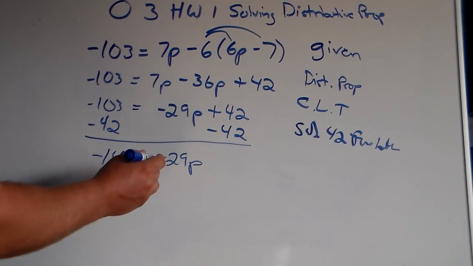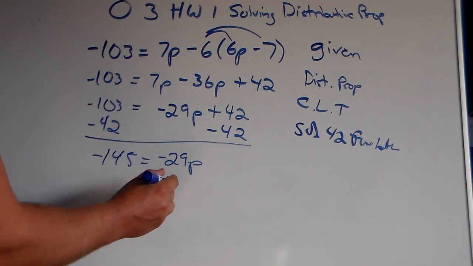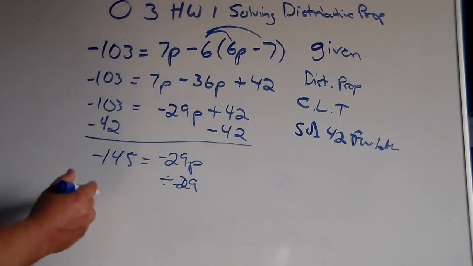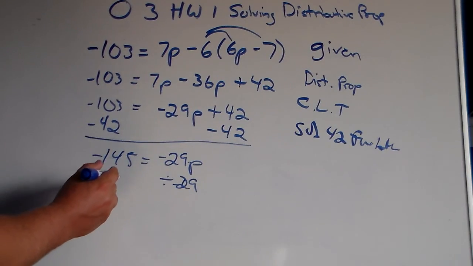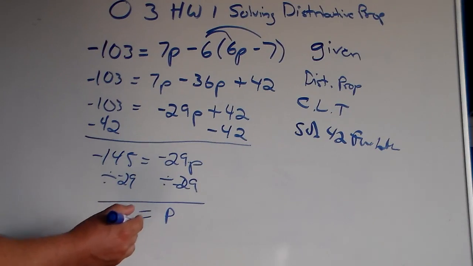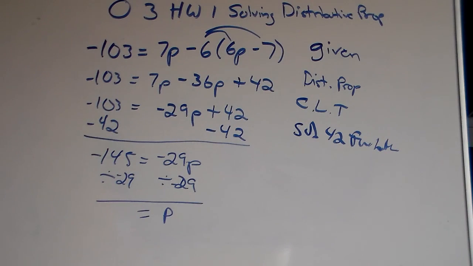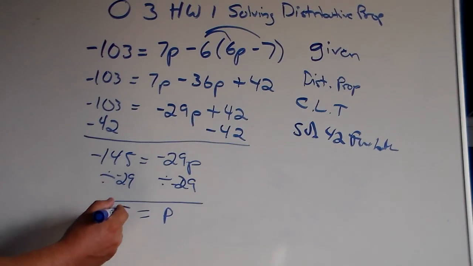Now this is negative 29 times p, so the inverse operation is to divide by negative 29 on both sides. I'm going to get p equals, well, we're going to type that right into the calculator. Negative 145 divided by negative 29, and we're going to get a positive 5.